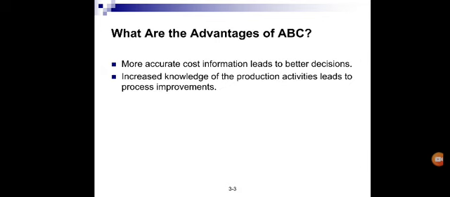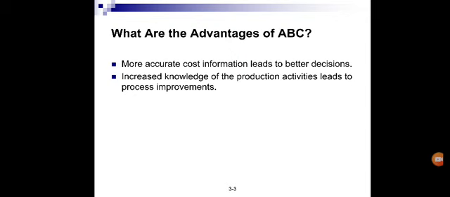I hope you can see some other sample questions or sample scenarios in other sources. You can use Wiley Plus or other online sources to see sample scenarios related to ABC.